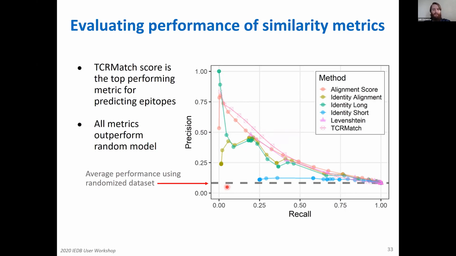And that's actually surprisingly good, but that's just reflective of the unfortunate bias that we have in the epitopes that have been studied within the field for TCRs and epitope pairs. As time goes on, we can expect a greater number of epitopes to be studied, and hopefully we'll get a more representative data set of TCRs and epitopes.